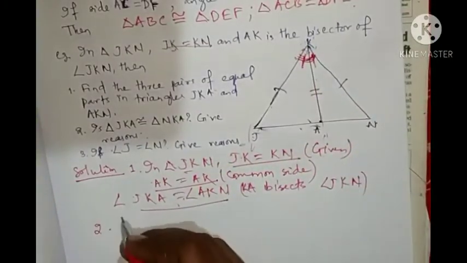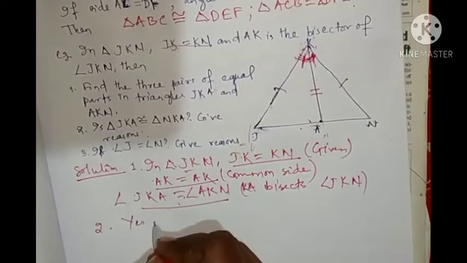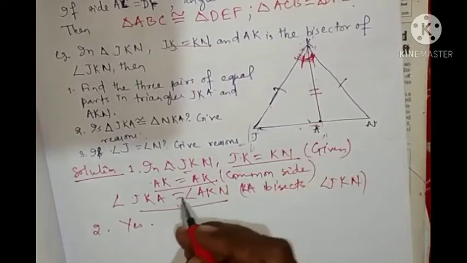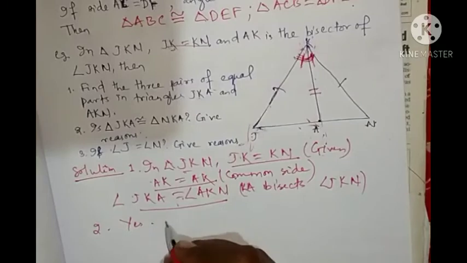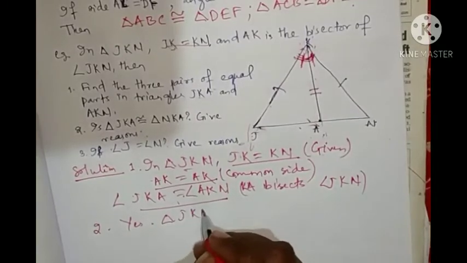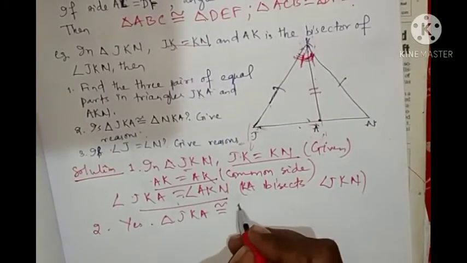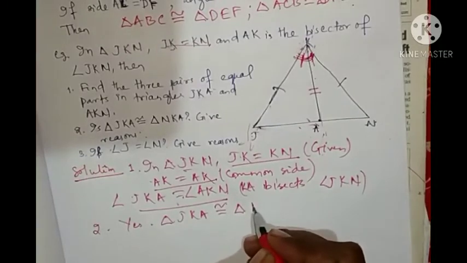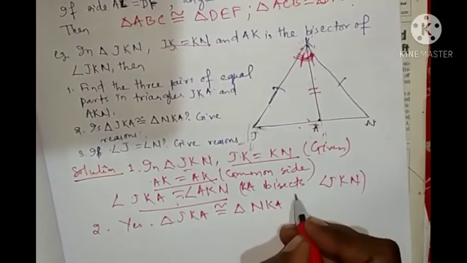So here, yes, they are congruent. Why? Because first we'll write triangle JKA is congruent to triangle NKA. Why?